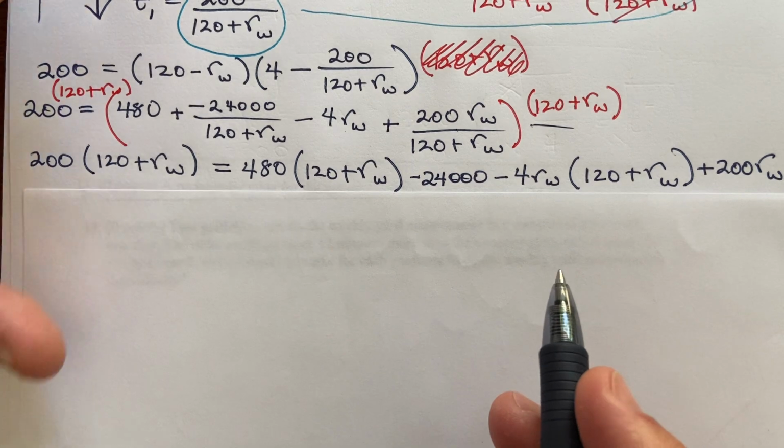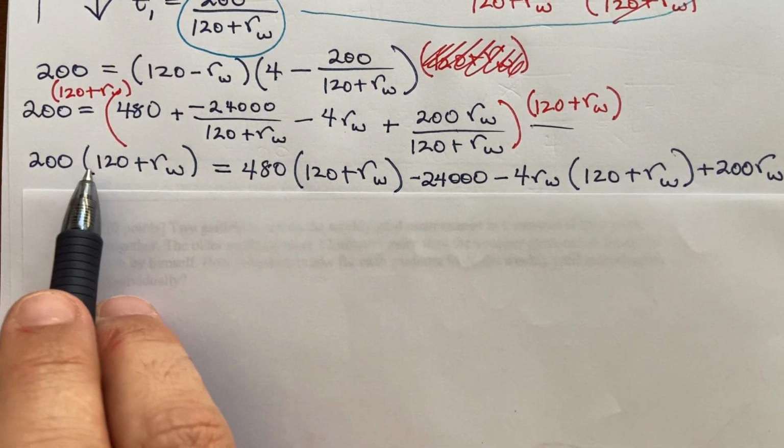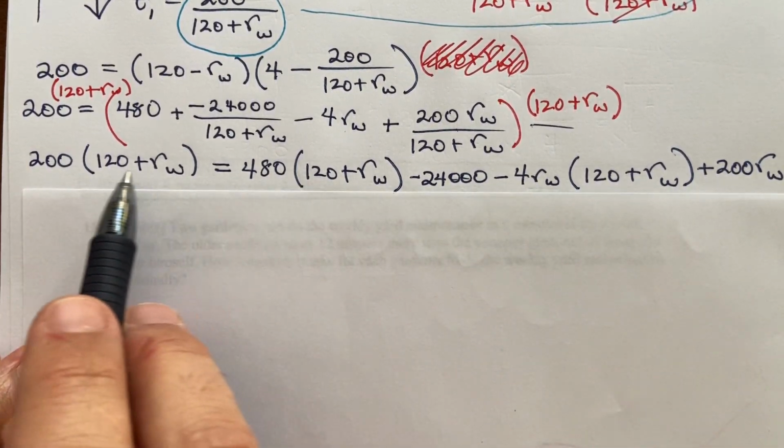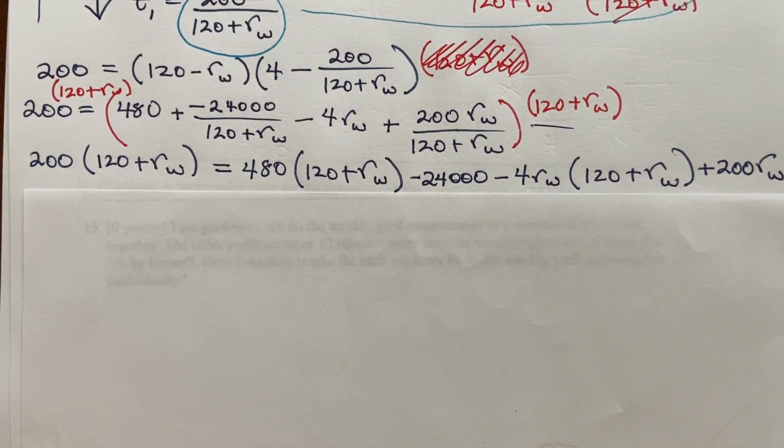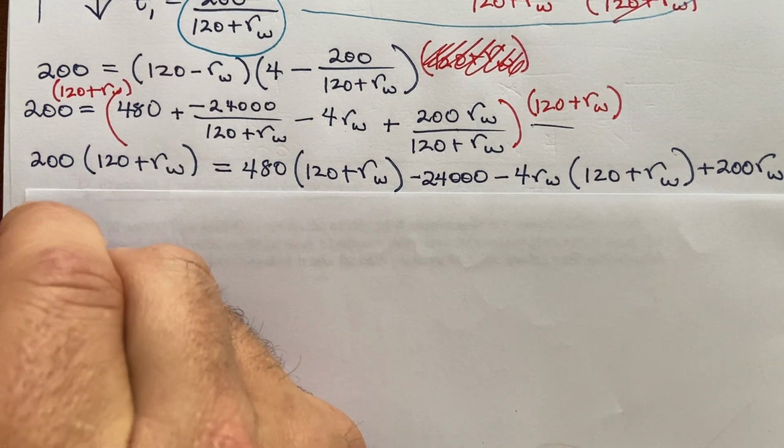Okay, so now I want to multiply this out. I'm going to do these distributions now. 200 times 120 is still 24,000 since the last time I checked.